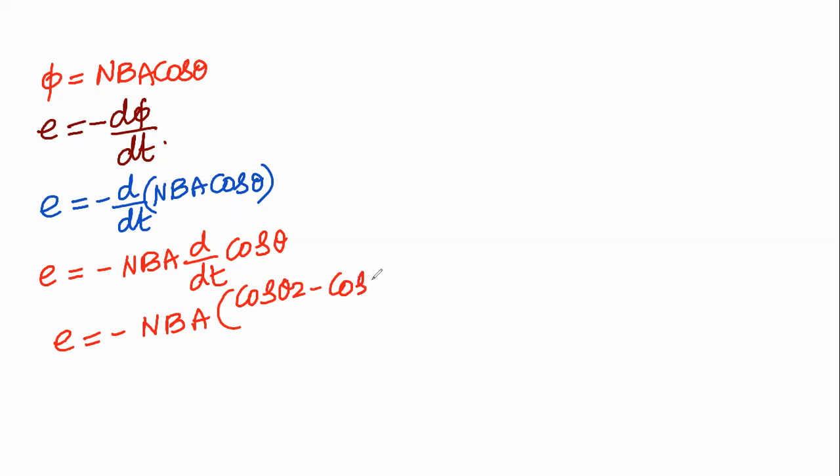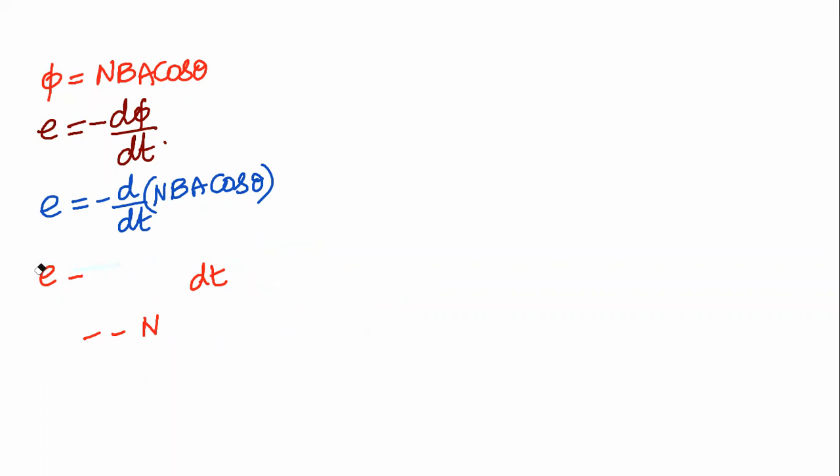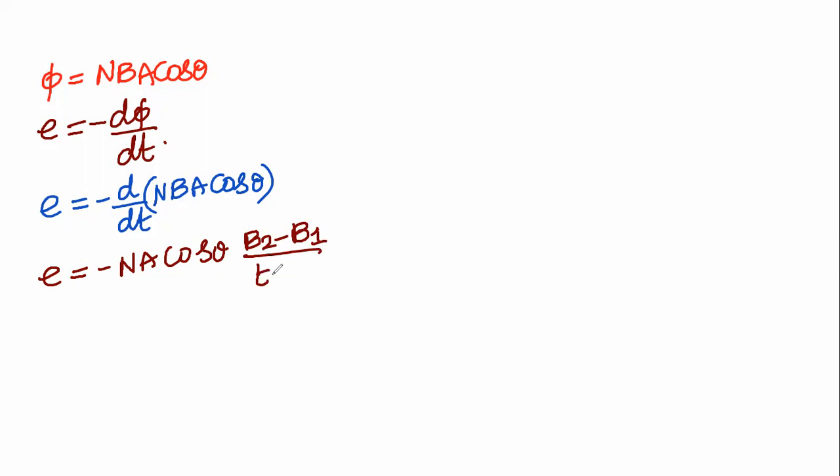Cos theta 2 minus cos theta 1 divided by time period t. It changes due to that change in magnetic field. Induced EMF is equal to minus NA cos theta into the magnetic field change, that will be B2 minus B1 divided by T, otherwise T2 minus T1 also we may write.